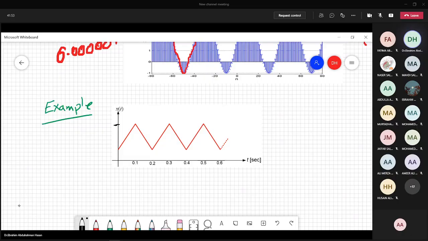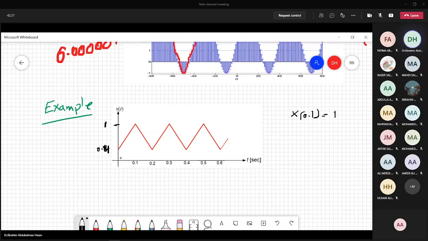So let me say that this is equal to 1. This is 0.4. Okay, someone may ask me what is the instantaneous value at 0.1. Of course at 0.1 it is very clear, it is equal to 1.